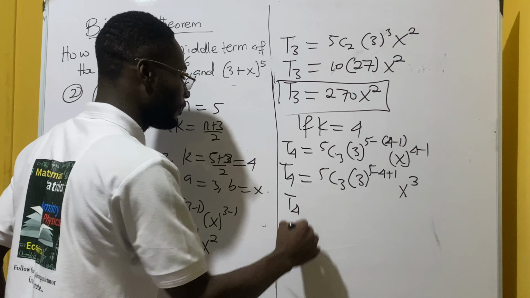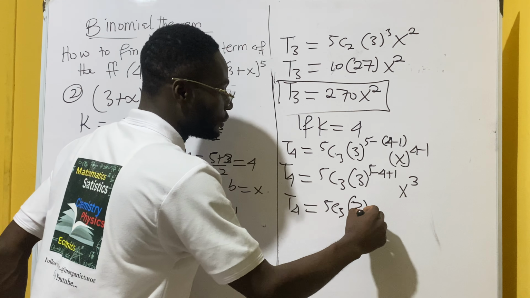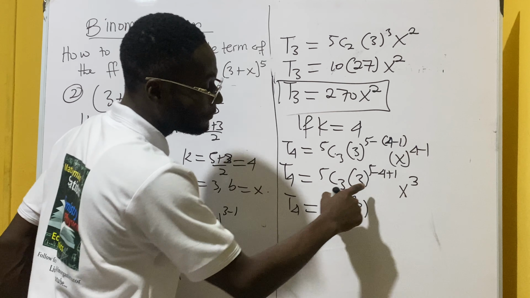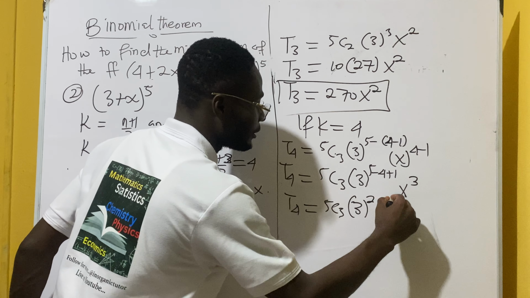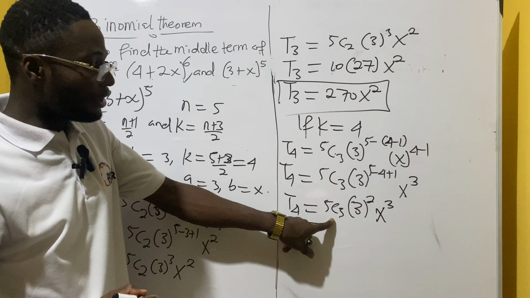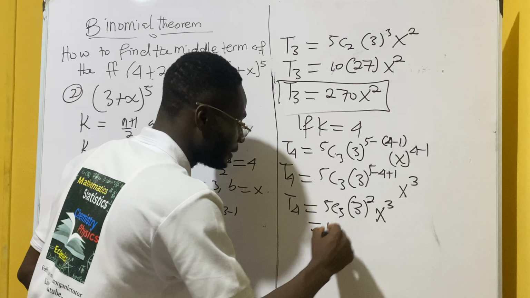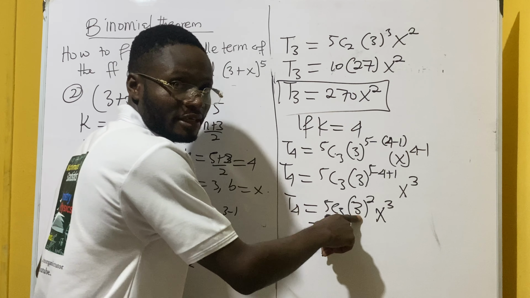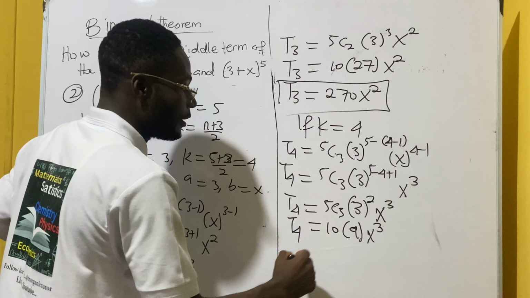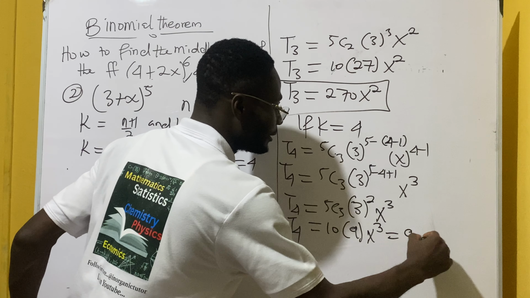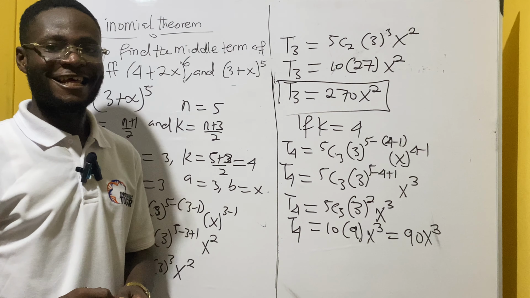So we have our fourth term to be equal to 5 combination 3 into 3 exponent 2, x exponent 3. 5 combination 3 is the same as 5 combination 2, so we have 10, into 3 squared is 9, x cubed. So we have that to be equal to 90x cubed. That is great.